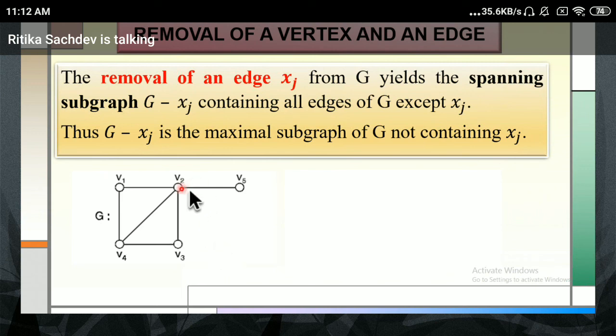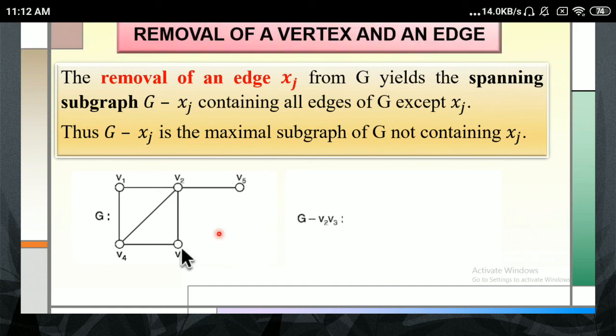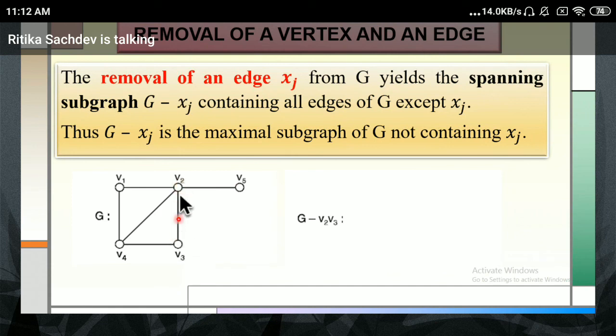Assuming if I am removing V2, V5 from this particular graph, then V5 will become isolated. So I should remove that isolated vertex also. In this case, we are removing V2, V3 as the edge.